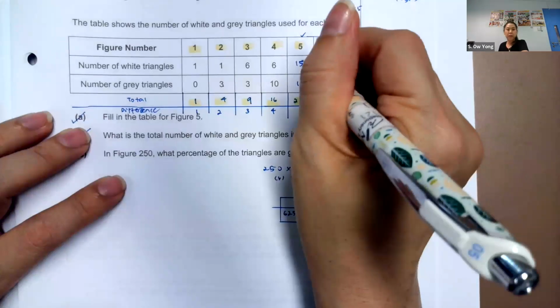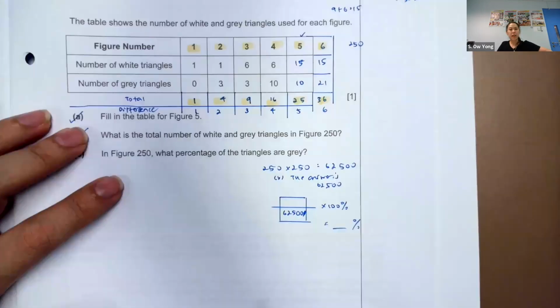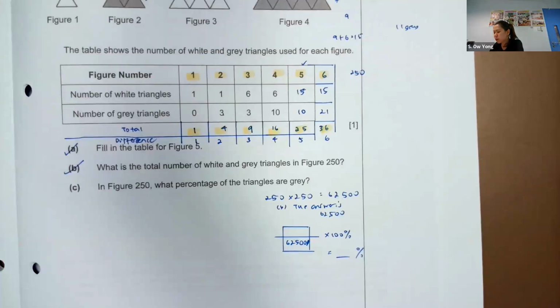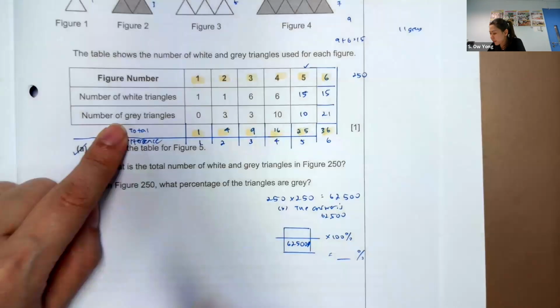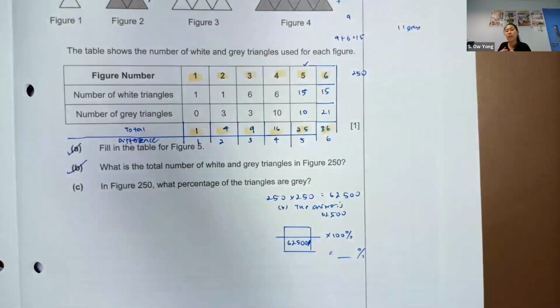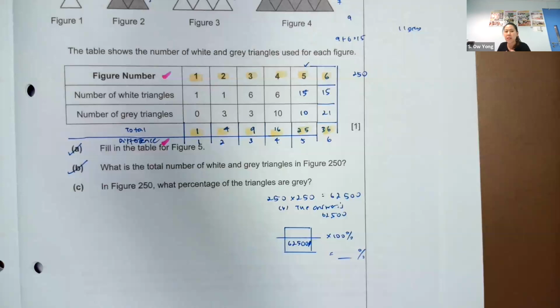What do you realize about the difference? Actually, this is 1, 2, 3, 4, 5, 6. Here also 1, 2, 3, 4, 5, 6. The difference is the same as the figure number. This is one observation that you made.